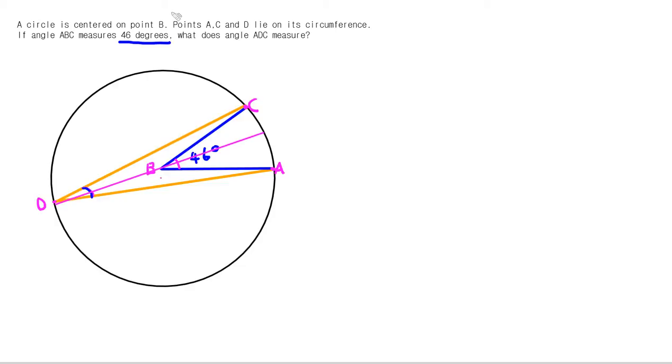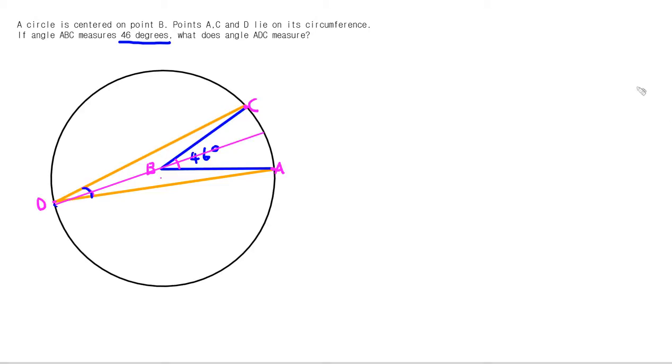The reason why I draw a diameter is because I just want to split the triangles a little bit in order to find more information about it. And this is our angle D right over here, not here. So this line is across half of the angle CBA, which means this angle is going to be half of the 46 degrees.